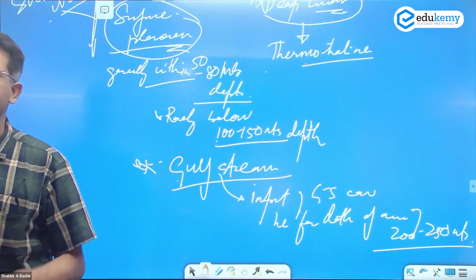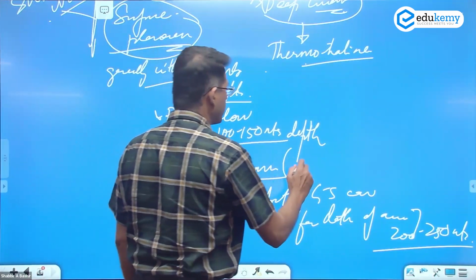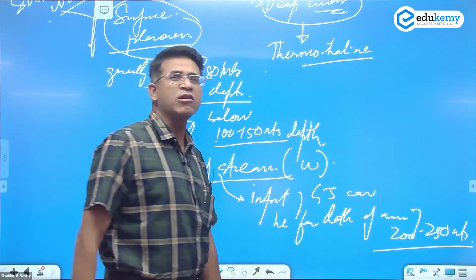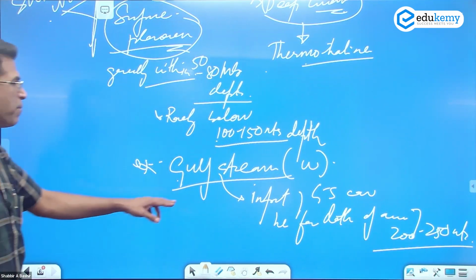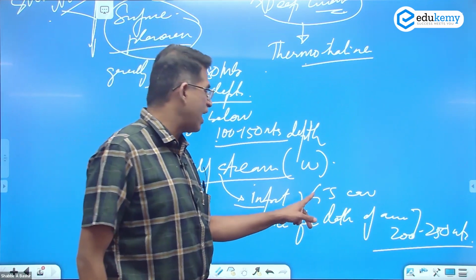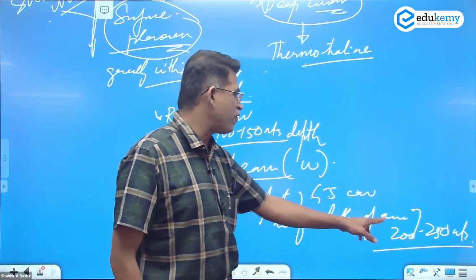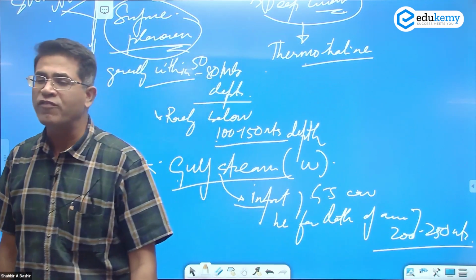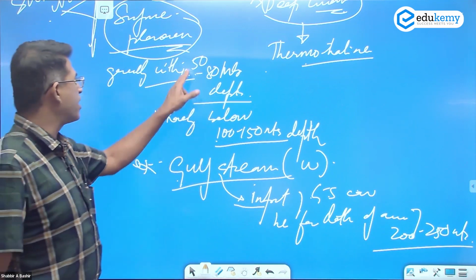The Gulf Stream is one type of current. It is a warm current found along the eastern coast of North America. Okay, Gulf Stream. Its impact can be at a deeper level, at depths of around 200 to 250 meters also. Otherwise, most currents are relatively shallow.